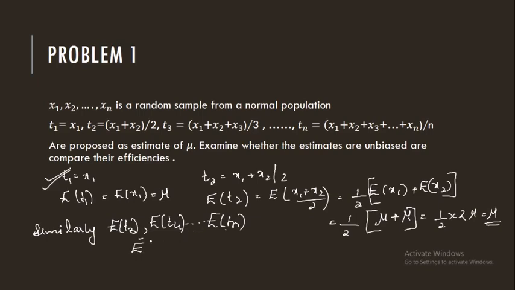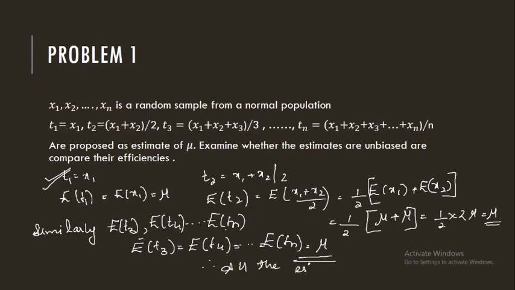So you can write the expectation of T3 equal to the expectation of T4, etc., equal to the expectation of Tn, equal to mu. Therefore, you can conclude that all the estimates suggested in this particular question are unbiased.